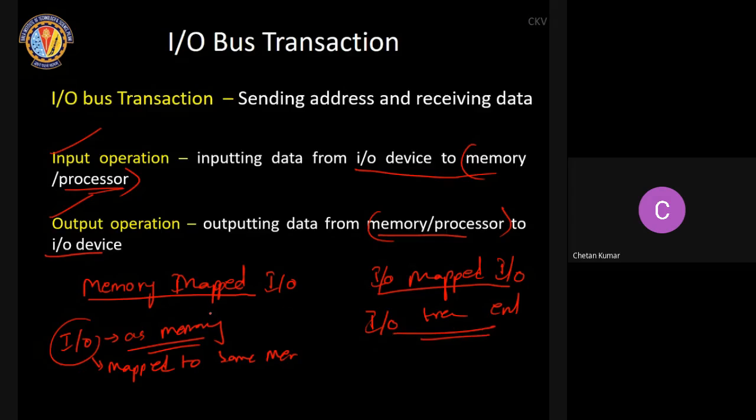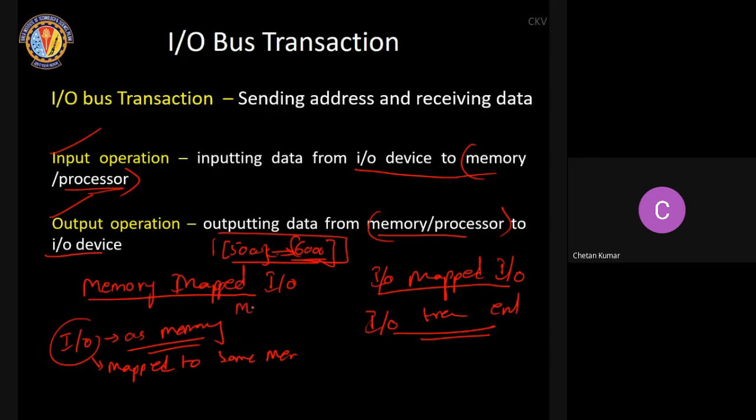So if you want to communicate with IO in memory mapped IO, they use normal instructions which communicate with memory. They'll assume that some 5,000 address to 6,000 address, I am dedicating it for IO devices. So this entire range of memory is dedicated for IO devices. If you want to access data from this memory or send data to or receive data from this particular IO, they use normal instructions.